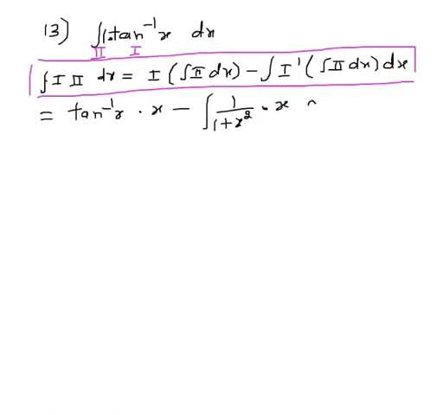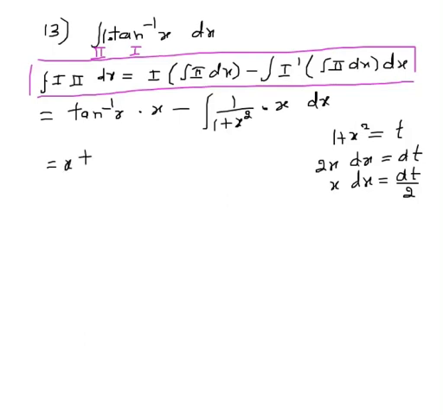Integral of 1 is x dx. This is easy. By substitution we can integrate because differential of x square gives us x term. Differentiate 2x dx is dt. Therefore x dx is dt divided by 2. X tan inverse of x minus x dx is dt divided by 2 and the denominator is t.